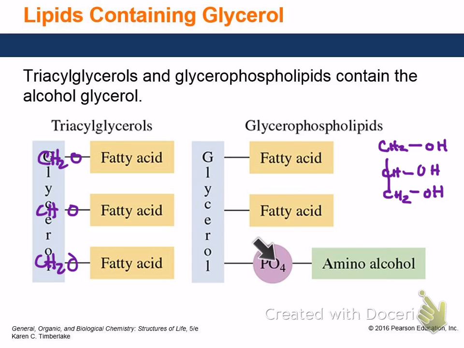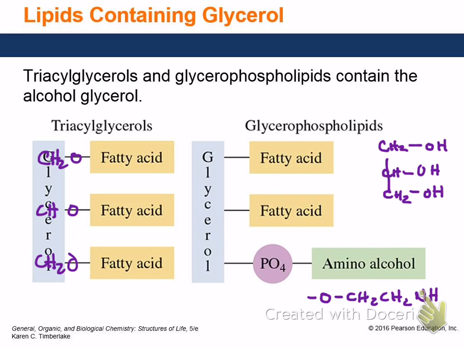And then there's this phosphate. So I'll show you what phosphate looks like, but there's a phosphate that connects it to an amino alcohol. What is an amino alcohol? What does it sound like? It has a nitrogen and an OH. Okay, so it's usually connected through an OH, so that you have something like this, and then let's say CH2, CH2, NH.